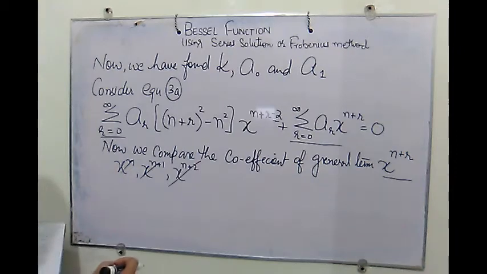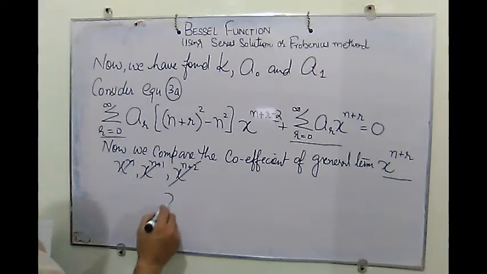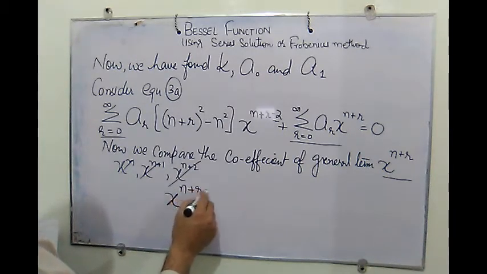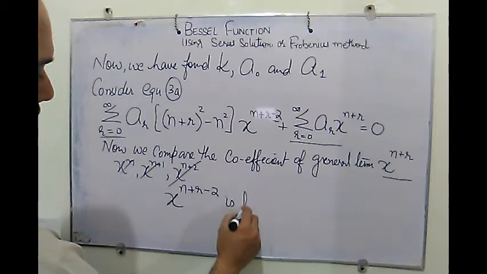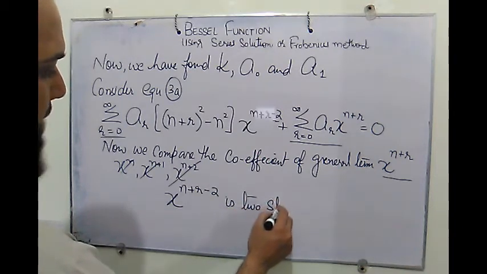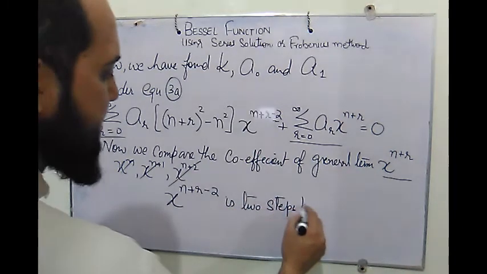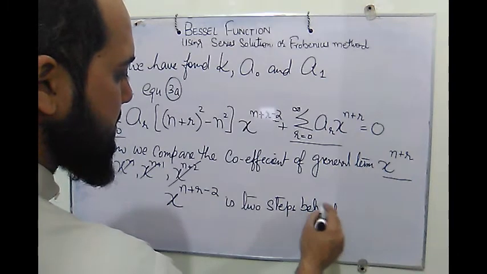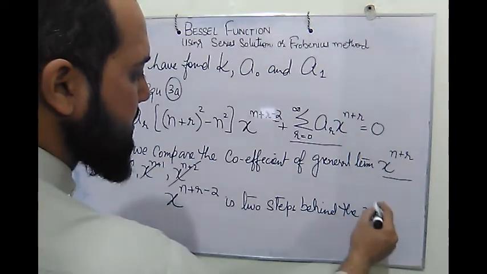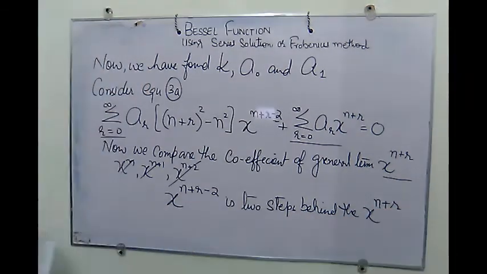So when we compare the coefficient of general terms, x^(n+r-2) is 2 steps behind x^(n+r). I write: x^(n+r-2) is 2 steps behind the x^(n+r).